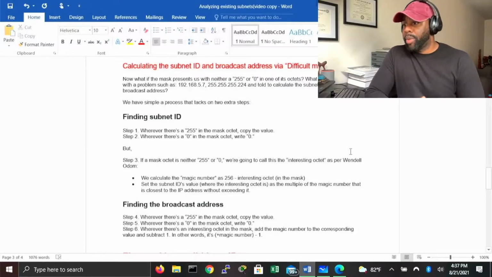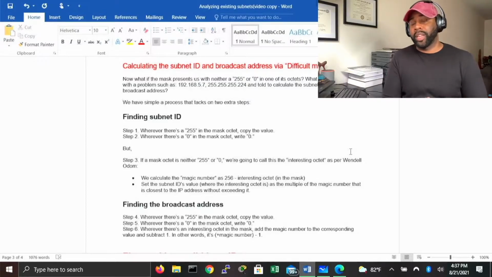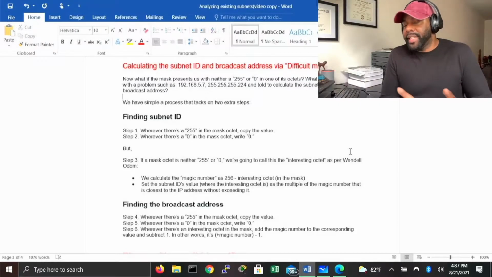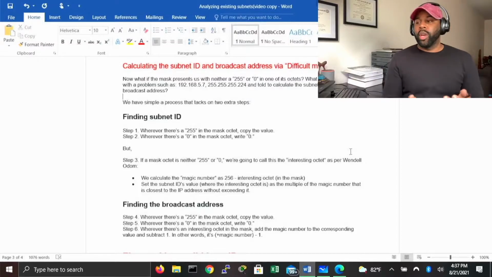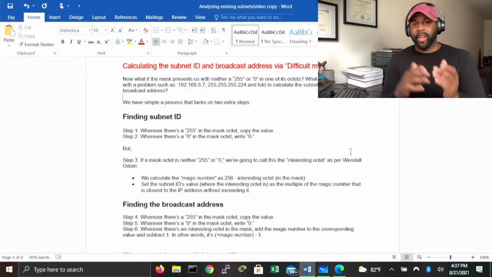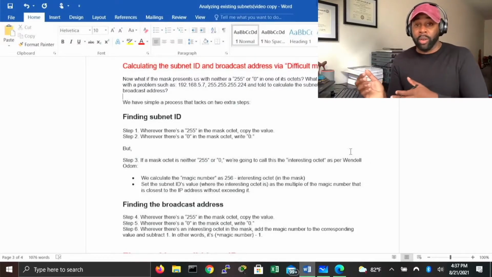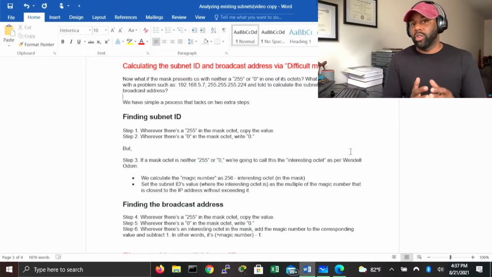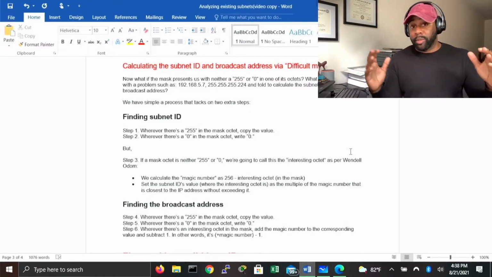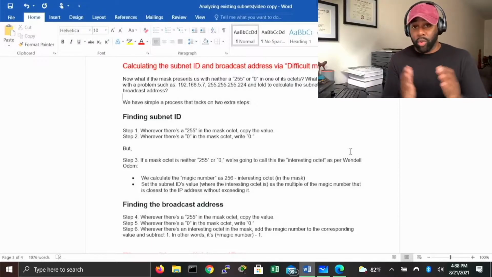But here, we find the subnet ID and then jump straight into finding the broadcast address, because it's a little more streamlined that way, and that's how we're gonna calculate it anyway. So when you read the book, you might find a little gap, because I decided to compress these steps so that we can calculate these as quickly and efficiently as possible.